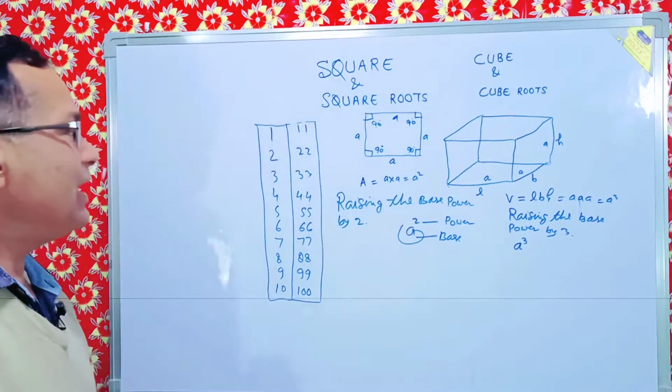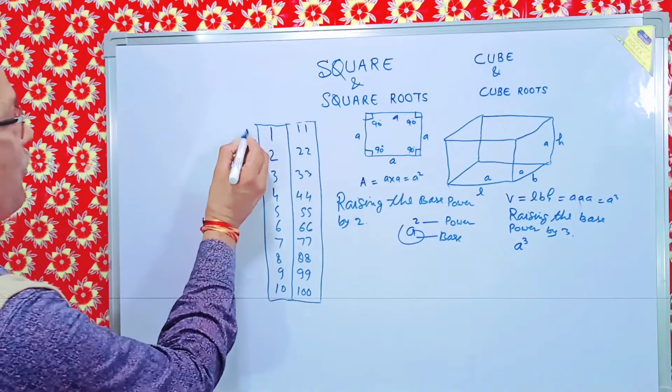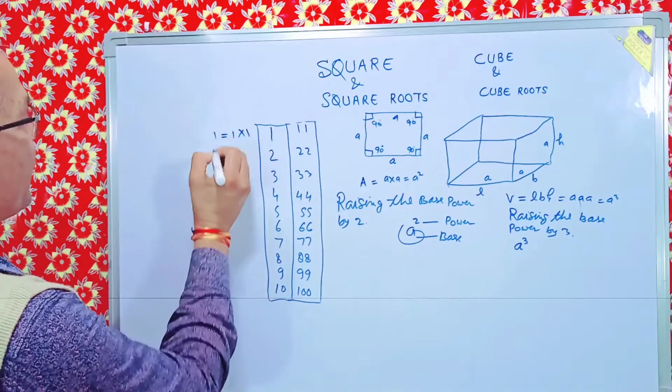So now let us come back to this table. If we multiply 1 by 1, we are getting 1.